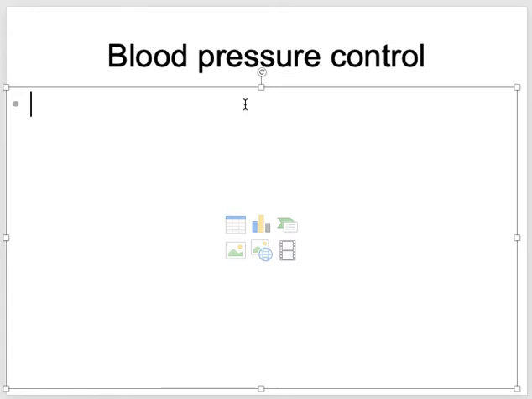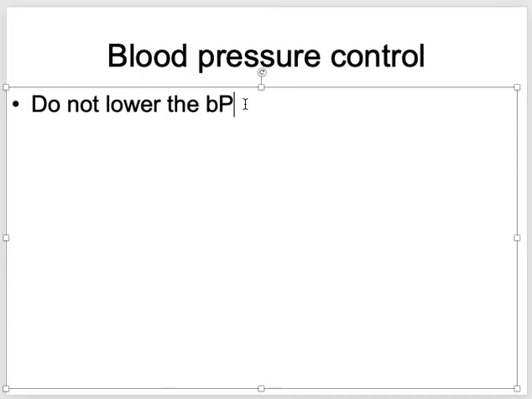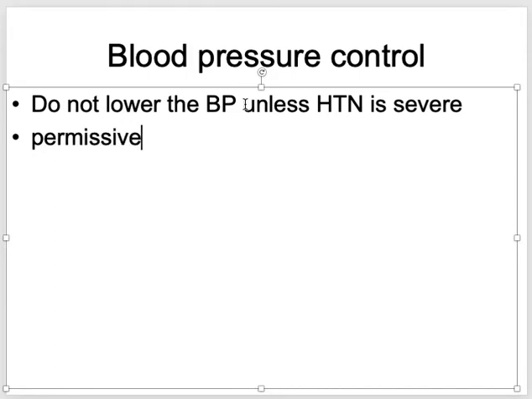So the first guideline is do not lower the blood pressure unless the hypertension is very severe. That's why we don't give antihypertensive drugs for the first 2 to 3 days, or 48 to 72 hours, which is called permissive hypertension.